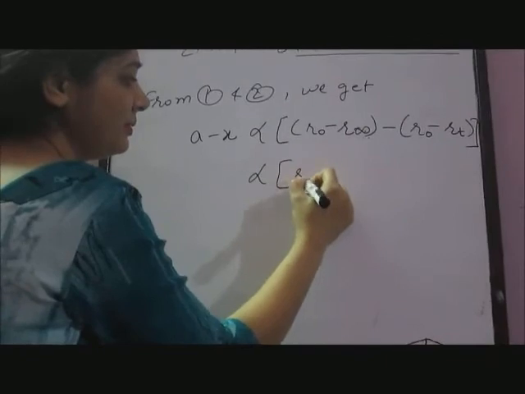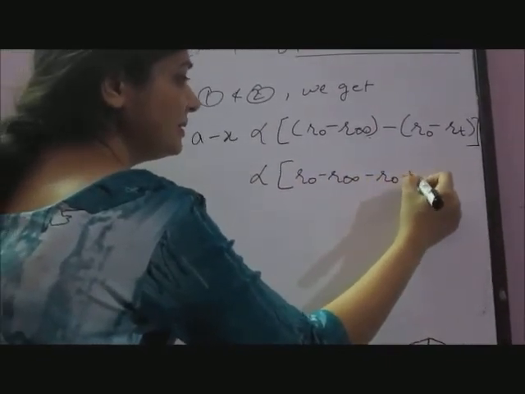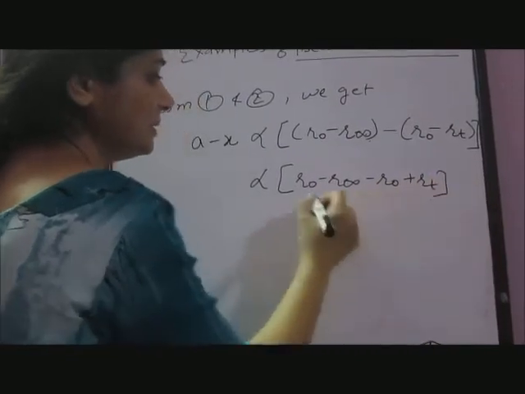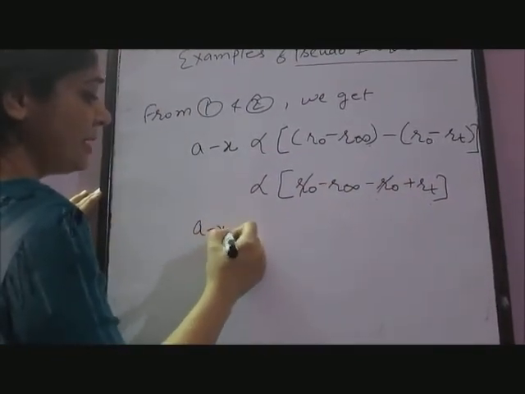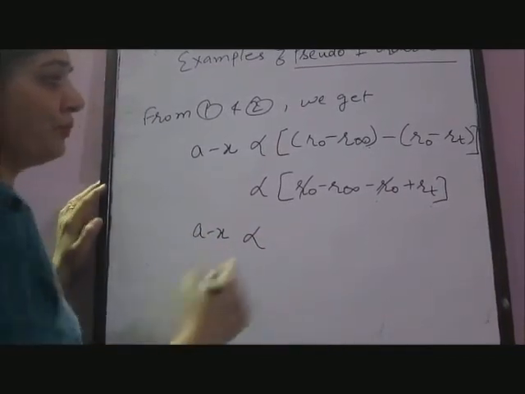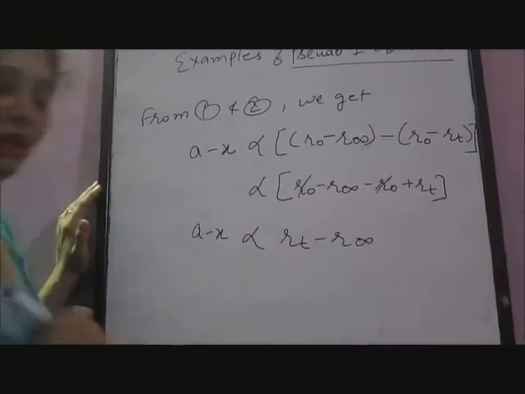By solving, we get A minus x is proportional to Rt minus R infinity.